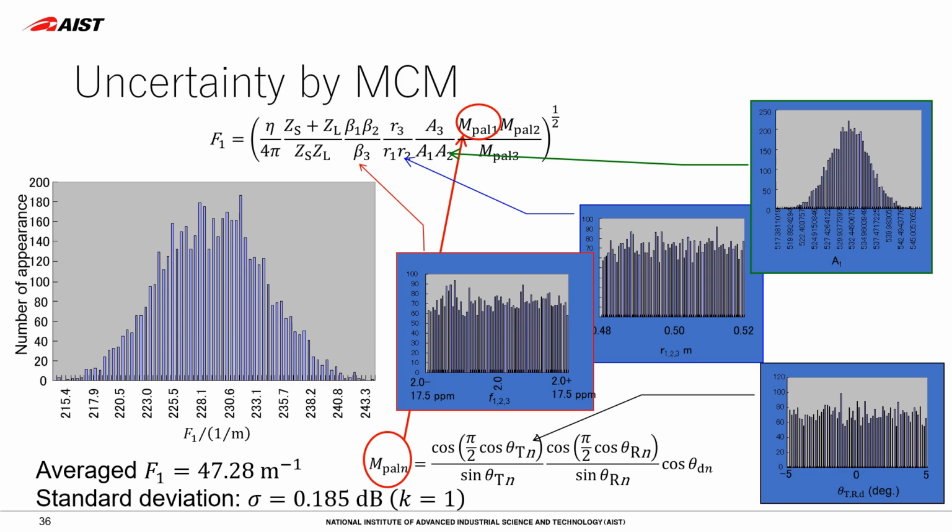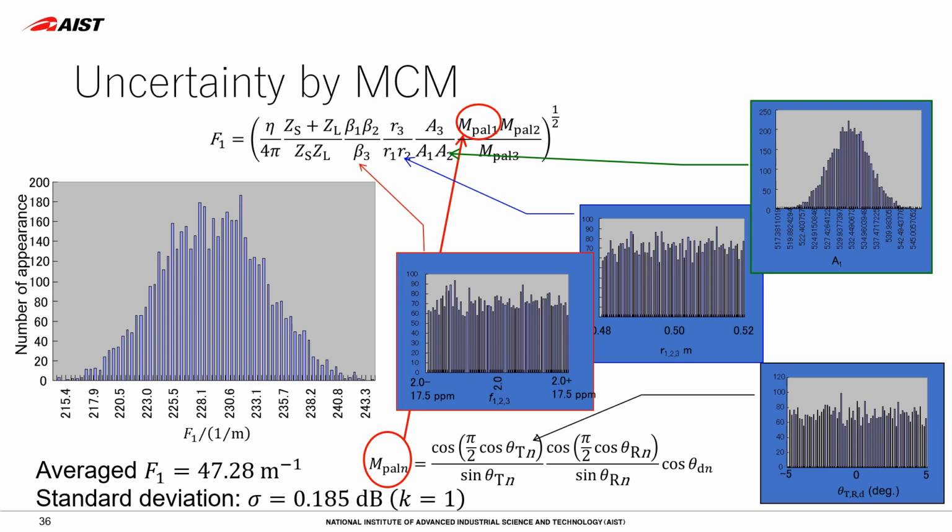To validate the result by the traditional estimation considering the sensitivity coefficients, the Monte Carlo method is applied to the problem. Random numbers following the probability distribution are generated for each input and substituted into the numerical model. Then you will get the distribution of the antenna factor for this problem.